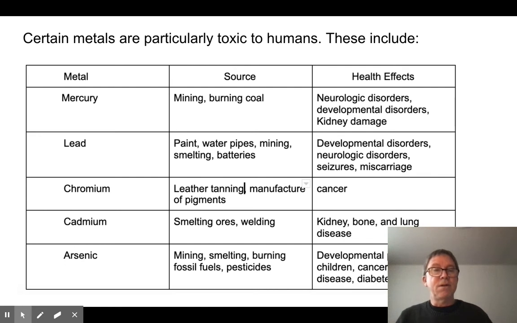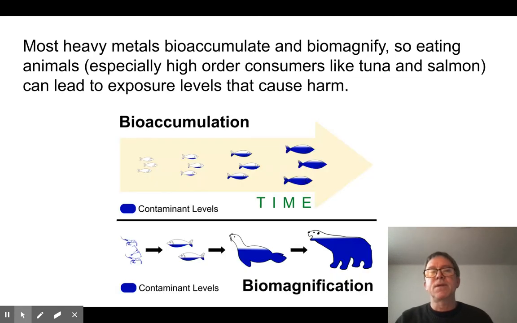It's definitely a terrible carcinogen. Cadmium is another metal, from welding and again from smelting ores, known to cause kidney damage and bone disease. And then arsenic, which is also present in some pesticides, but in a lot of cases it's from mining and smelting ores. It causes a lot of problems as well. So you should know these: mercury, lead, chromium, cadmium, arsenic.